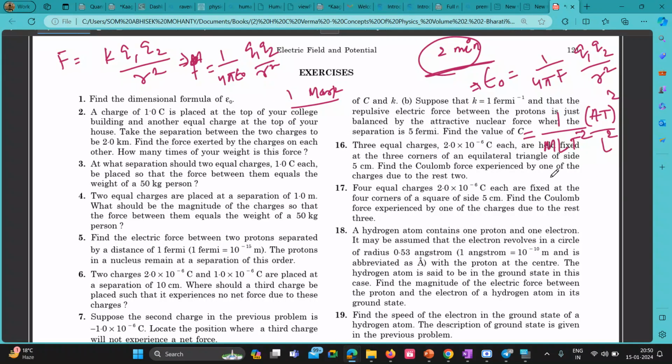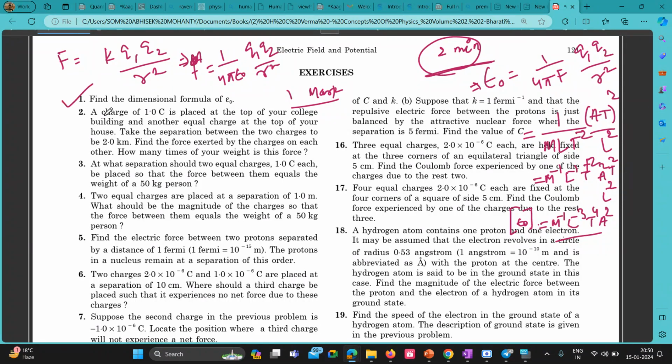If you solve it, you will get M minus 1, L minus 3, T to the power 4, A square. This should be your dimensional formula for epsilon naught.